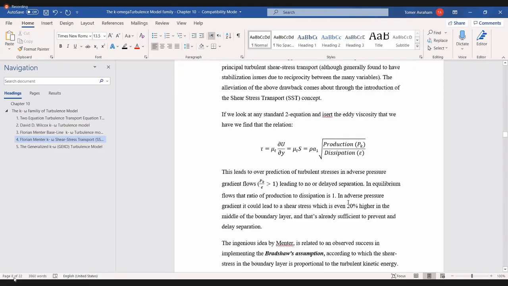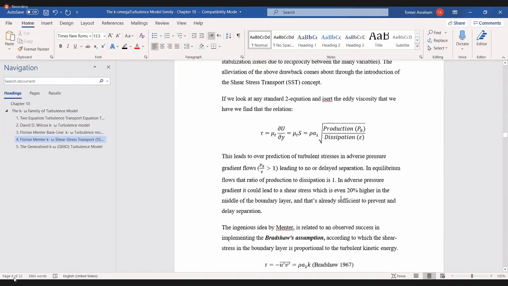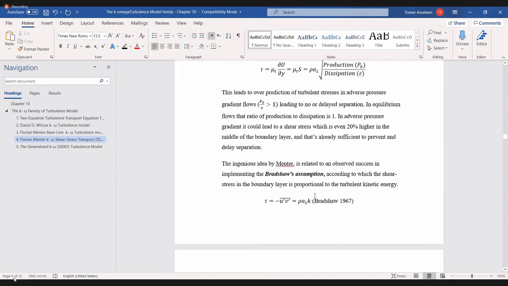And the shear stress can get 20% even higher, meaning the flow stays attached. So what Mentor did is implement the Bradshaw assumption. I really wrote assumption, but it's supposed to be hypothesis, which relates, as easy as it looks, the shear stress to the kinetic energy.